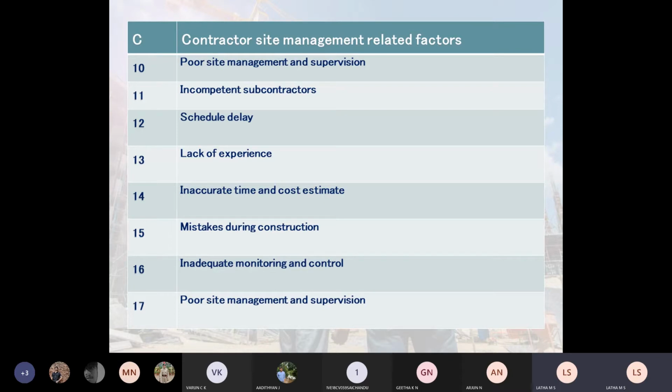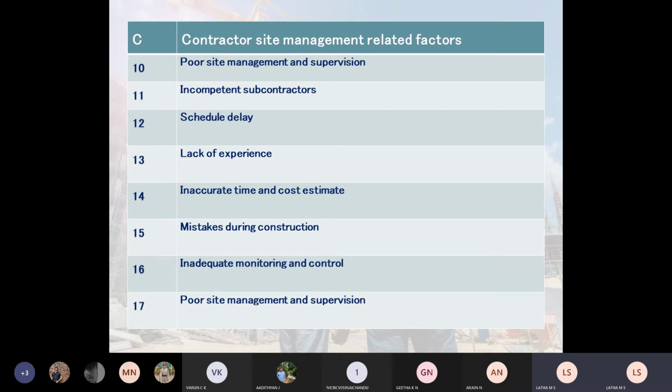Contractor site management related factors, like what the contractor will do at site. Is he available for better management and supervision, and is he taking up the work in time, like getting the quantity of materials, scheduling the day for each manpower? Is he doing that, or is there any inaccuracy of time and cost estimation?